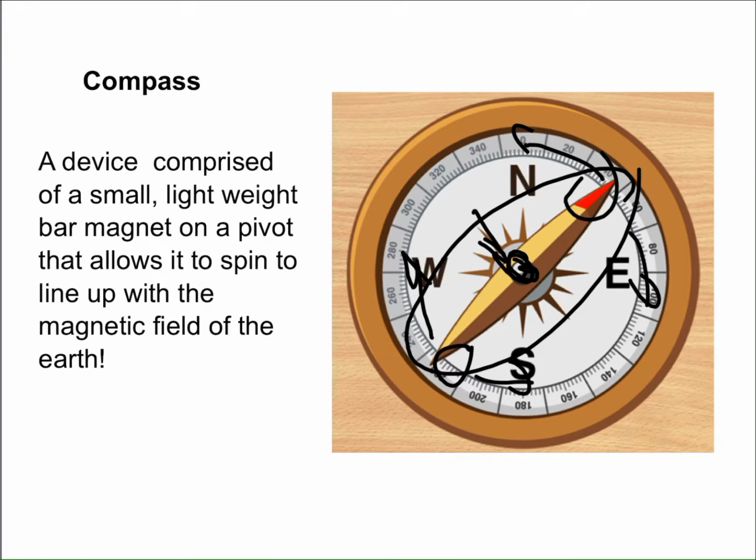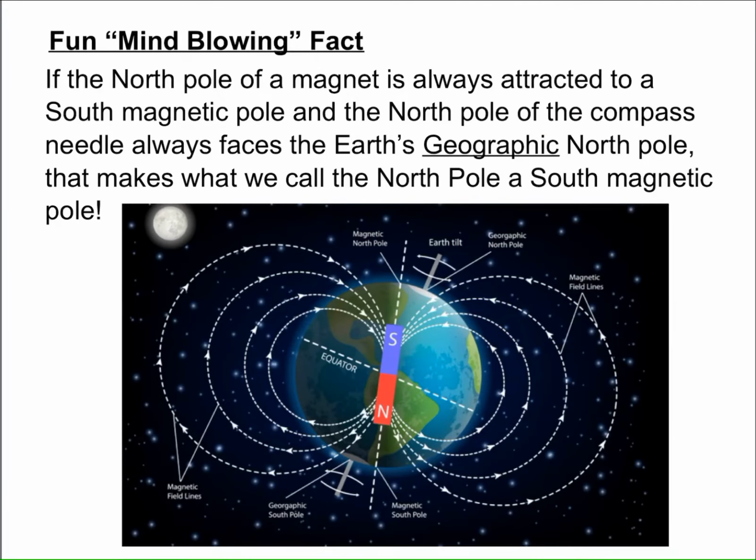Now, here's a nice mind-blowing fact. If the North Pole of a magnet is always attracted to a South Magnetic Pole, and the North Pole on the compass needle always faces the Earth's geographic North Pole, it's kind of hard to get around realizing the fact that what we call the North Pole is actually a South Magnetic Pole.